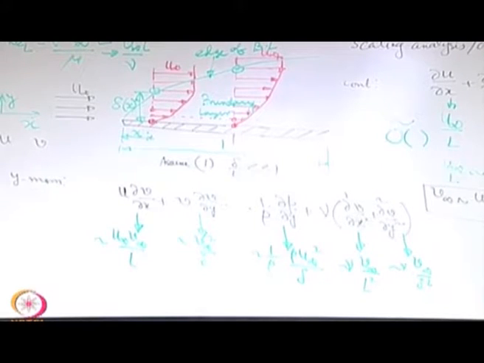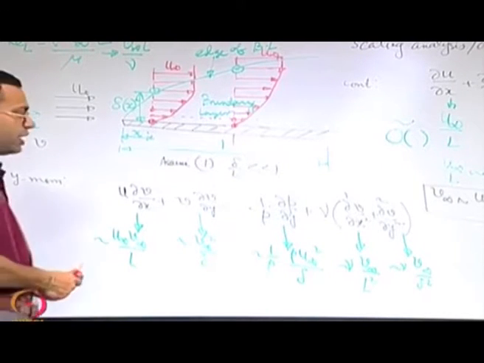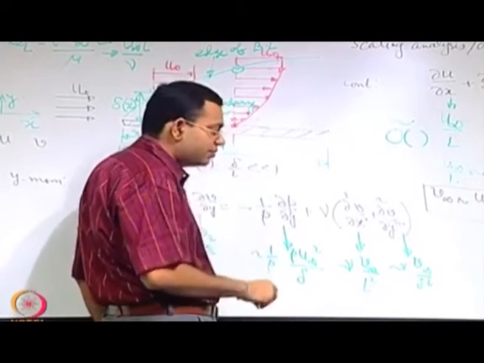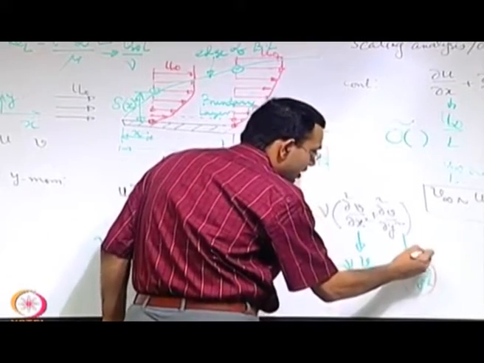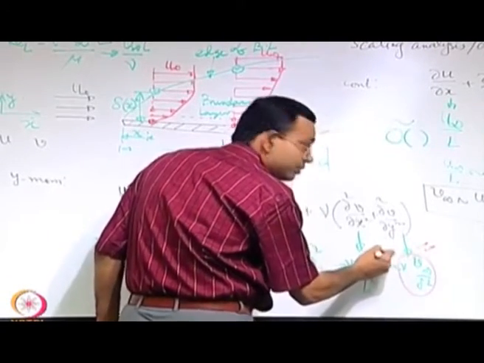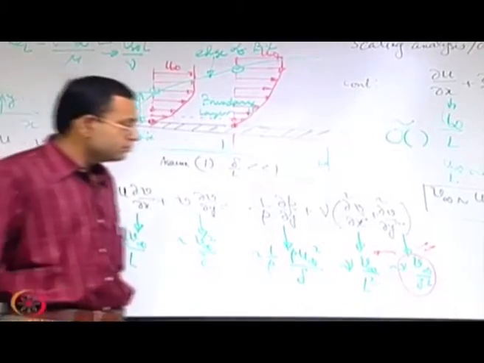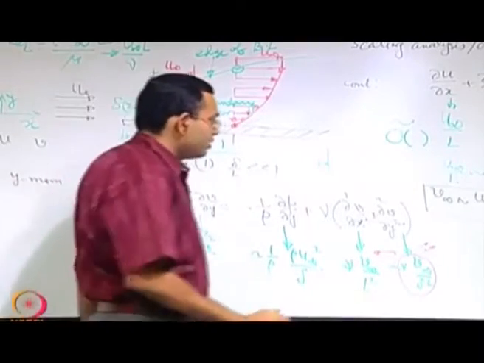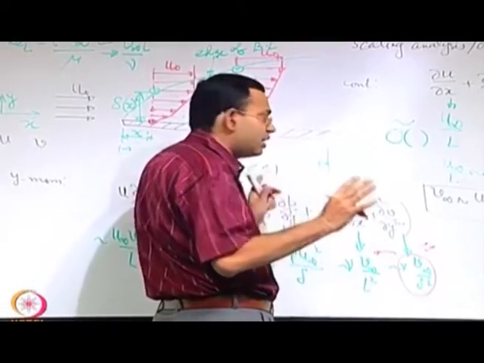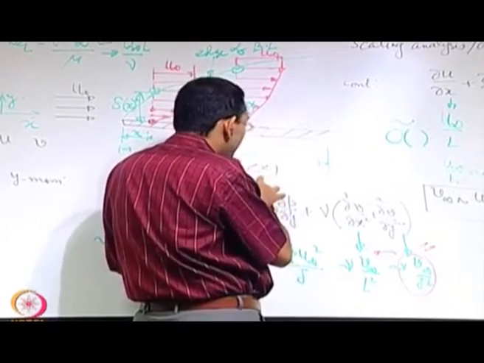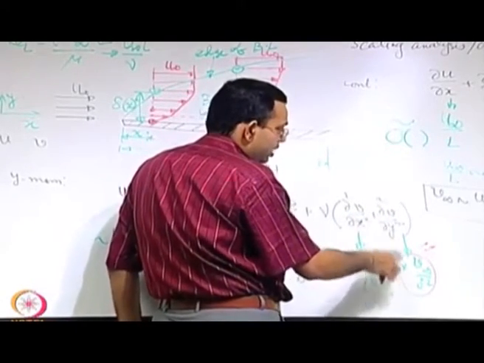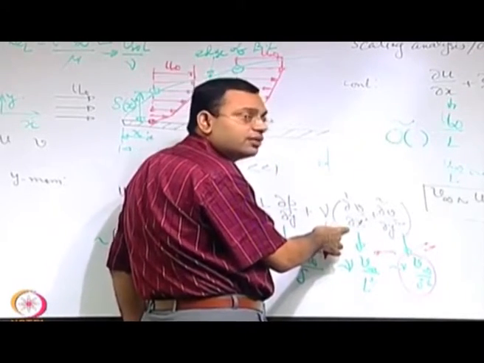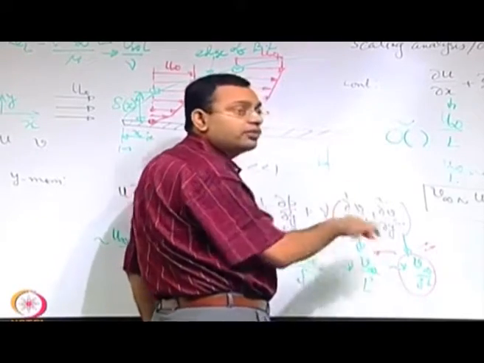Now, without doing any analysis, we can straightforwardly say that if we assume delta by L is much less than 1, that is delta much less than L, then the second term is much more dominating than the first, because here we divide by delta square and there by L square. That means in the first cut analysis, whenever delta by L is much less than 1, the first term is insignificant as compared to the second term, and therefore may be neglected.